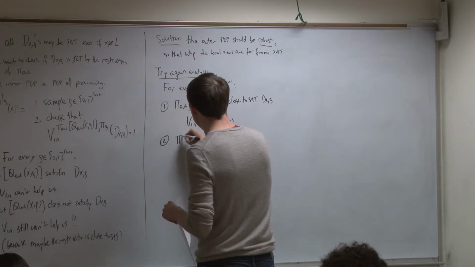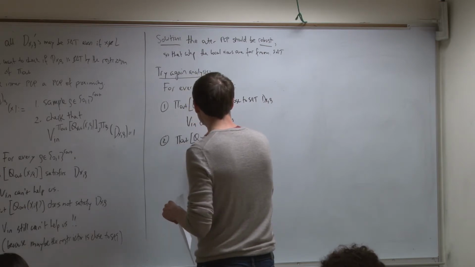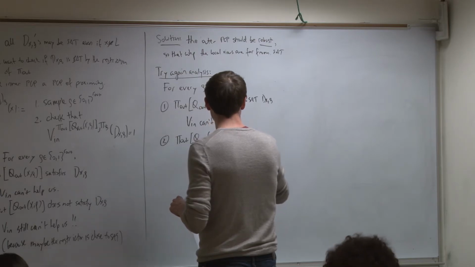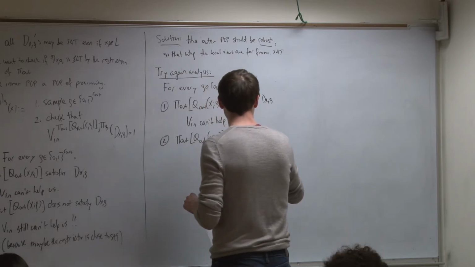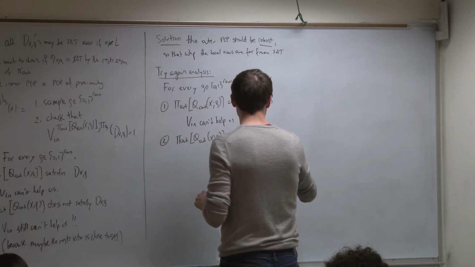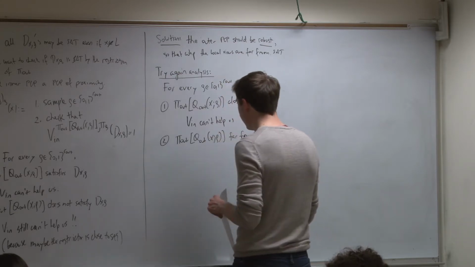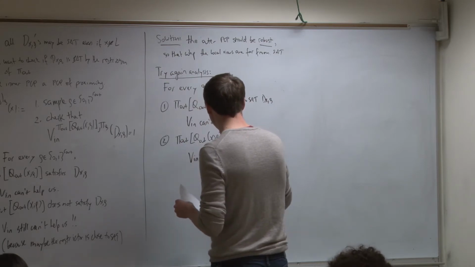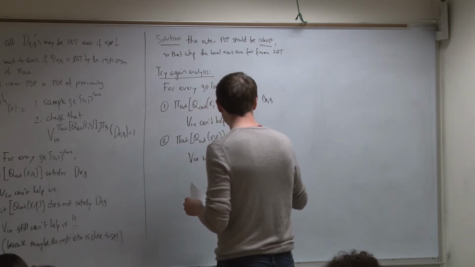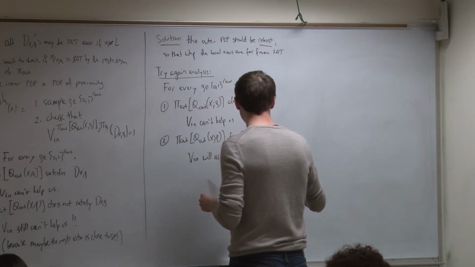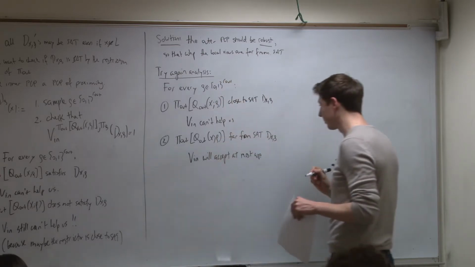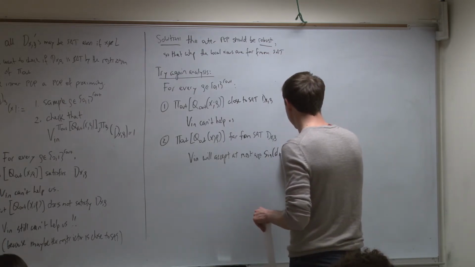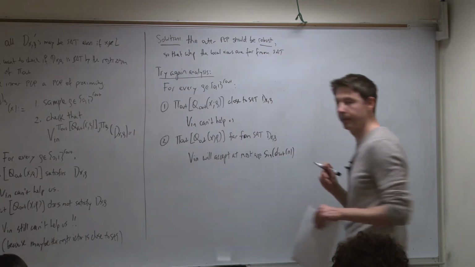Otherwise, the other case is that pi out, the local view, is far from satisfying the X row. In this case, V in will accept at most with probability S in of delta out.